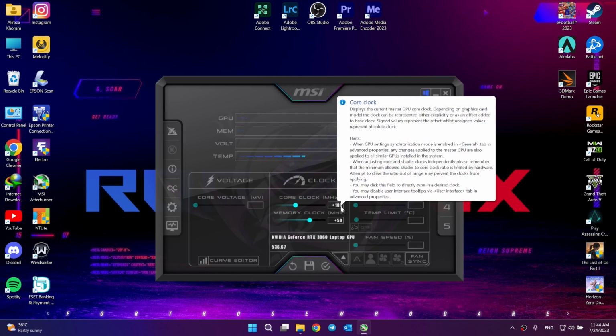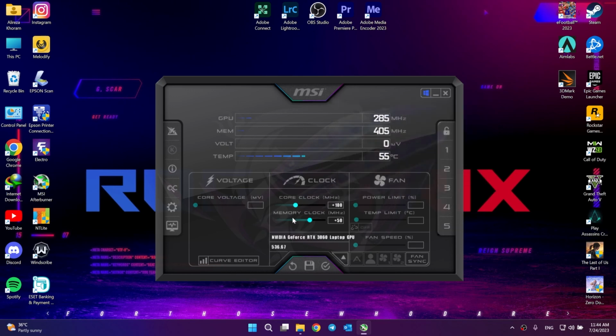After trying the previous steps, continue by tuning the GPU and increasing the clock speed and memory clock by 10 megahertz. As an example, I have tested this core clock and memory clock, and it didn't give me any crashes or glitches. I increase it to 110 megahertz for the core clock, and then 60 megahertz for the memory clock, and I tested again.